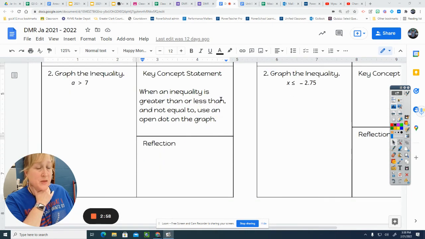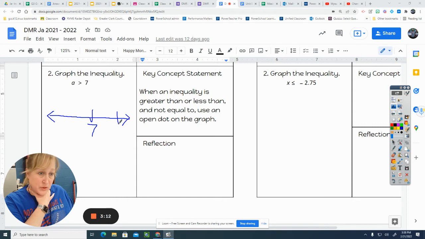There we go. So now we have to graph the inequality. You're going to make that number line. You're going to put this number, and then you'll put a number in front of it on the number line and a number behind it on the number line. It does not have a line underneath it saying equal to, so our circle is going to be an open circle.